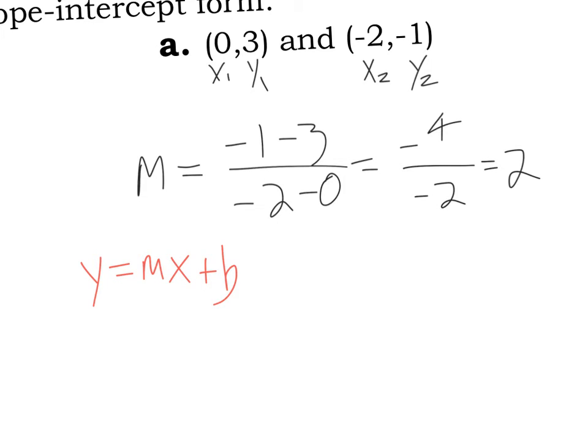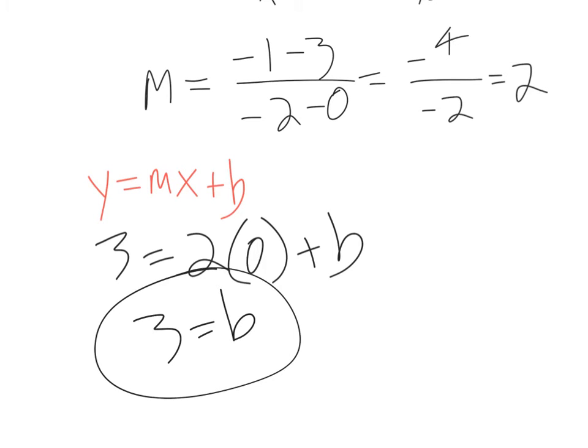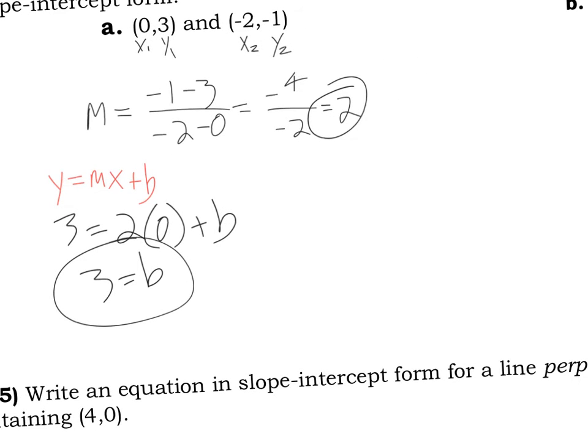So I'm just going to plug in 0, 3. I'm going to write down 3 equals 2 parentheses 0 plus b. So 2 times 0 is 0, so 3 equals b. So b equals 3, m equals 2. All you need to do now is write your answer for your equation: y equals mx, 2x, plus b, but b is 3.